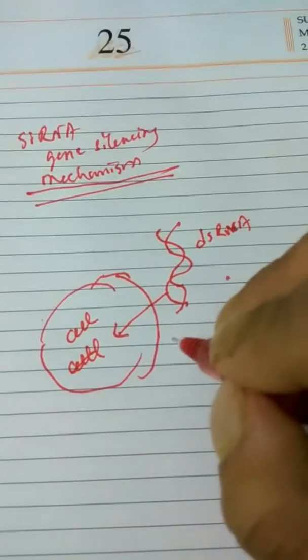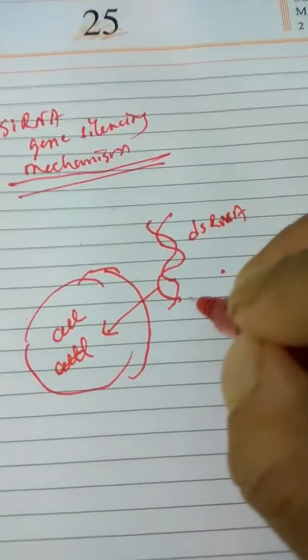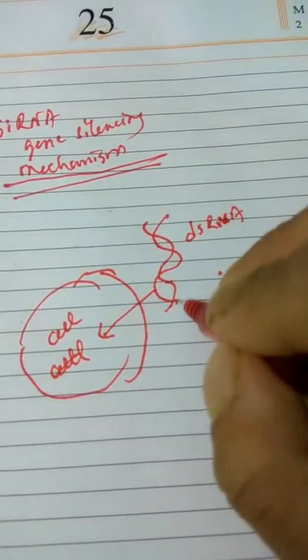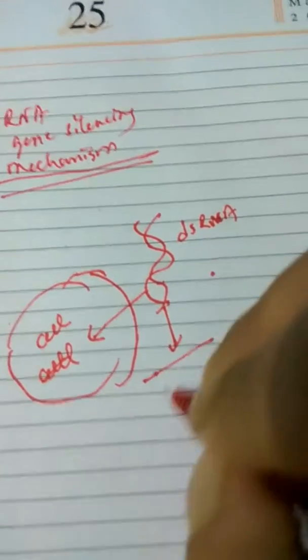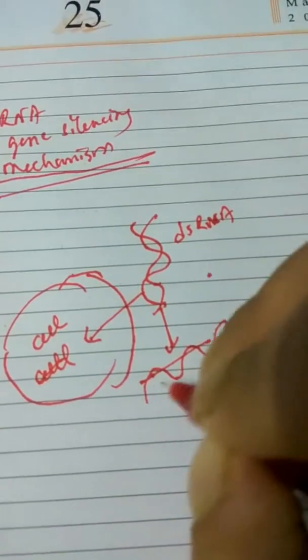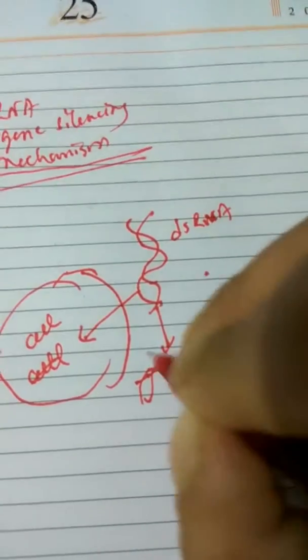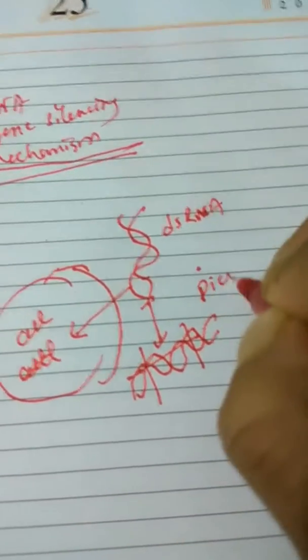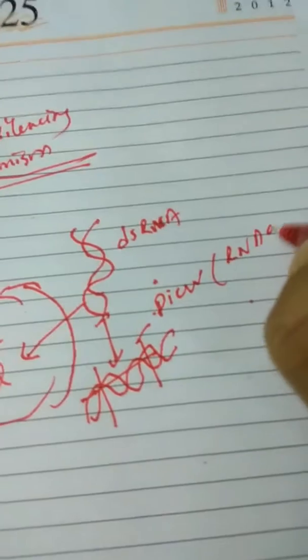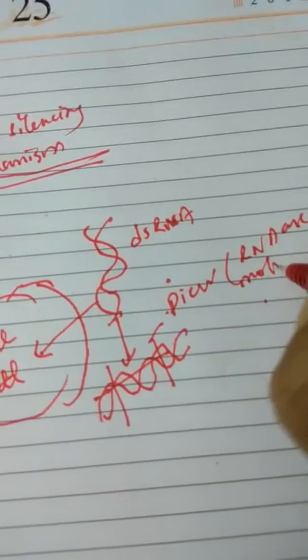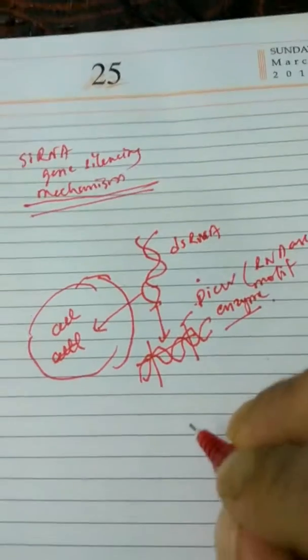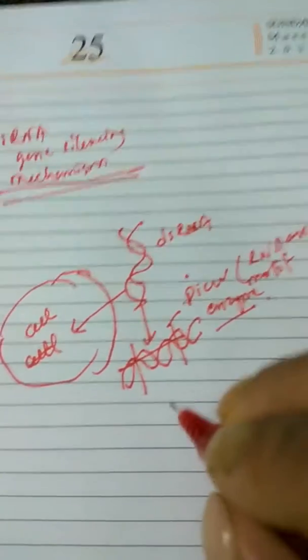After entering the cell, the double-stranded RNA gets chopped into smaller fragments by an enzyme called Dicer. Dicer is an endonuclease enzyme which contains an RNase motif. What it does is chop the double-stranded RNA into smaller pieces.